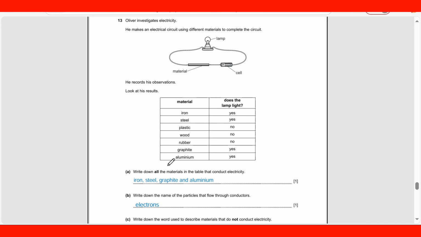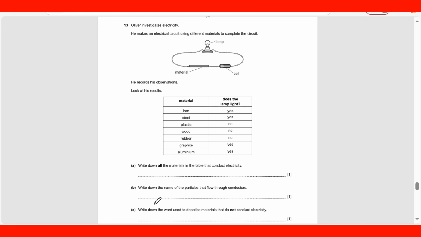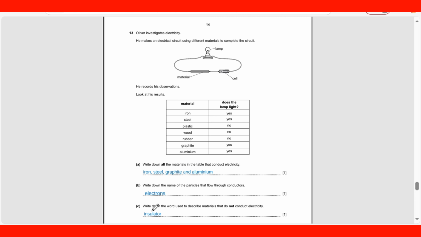Let's check out the answer. Well, it's electrons. Electrons flow through the conductors. Next, 13c: write down the word used to describe materials that do not conduct electricity. Well, it's insulator. Alright, so B is electrons, C is insulator.